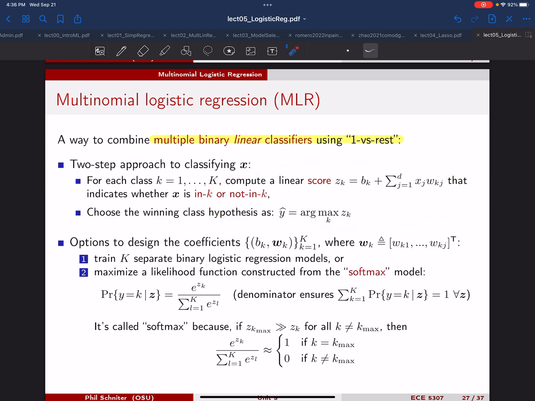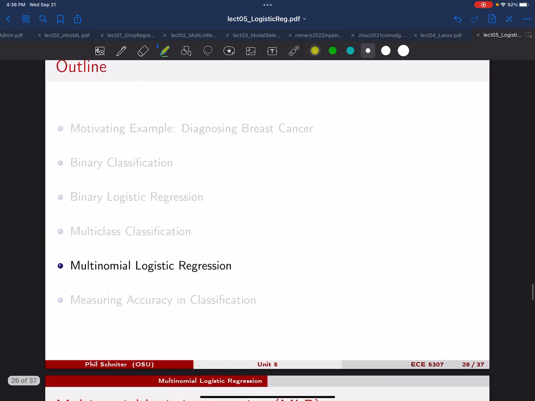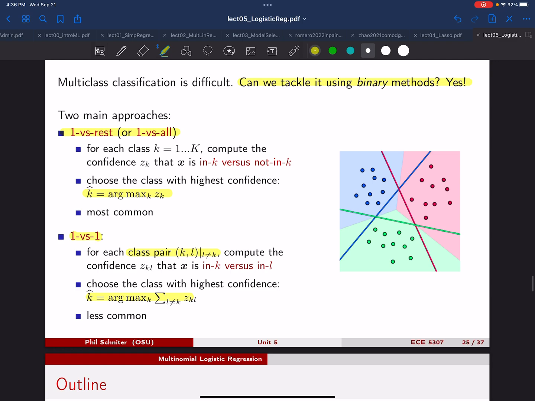So that's the main idea, and we somehow want to use logistic regression to do the fitting. Here, there are two different options: a simpler option and a more complicated option that works a bit better, but is more complicated computationally as well as intellectually. The simple method goes like this. Just train K separate binary logistic regression models. Coming back to this picture, for example, if I'm doing blue versus not blue, and training this with a logistic regression, I know exactly how to do that.